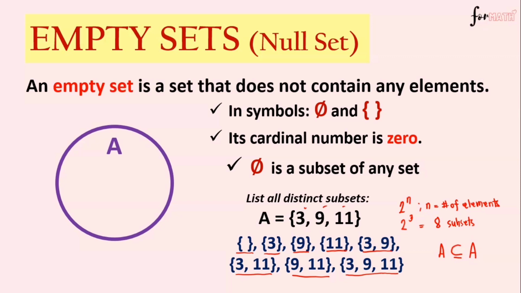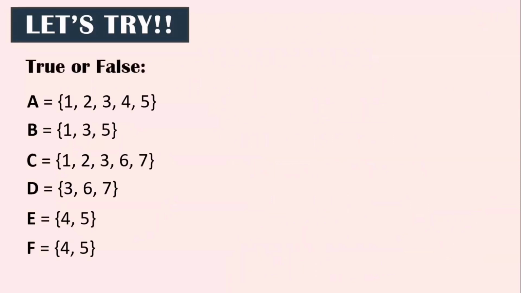Okay, next, let's try this. Tell whether the following is true or false. Given set A to F, number 1, let us identify if this is true or false. A is a subset of B. Si A daw ba ay subset ni B. Okay, tingnan natin based on the definition.